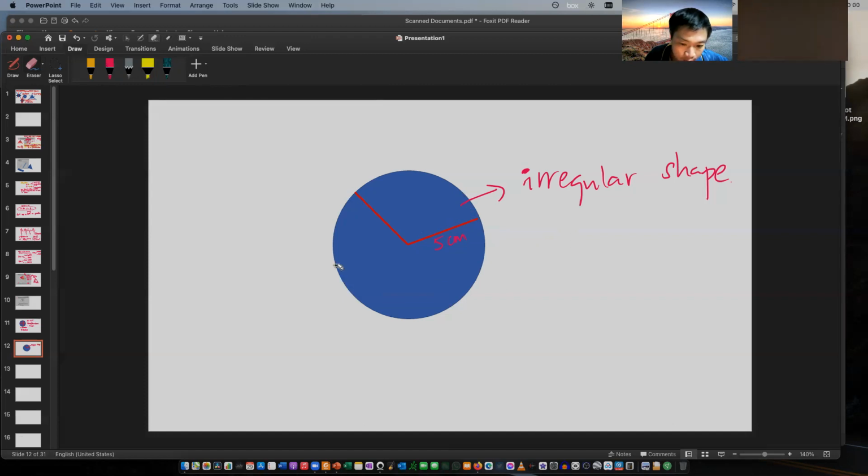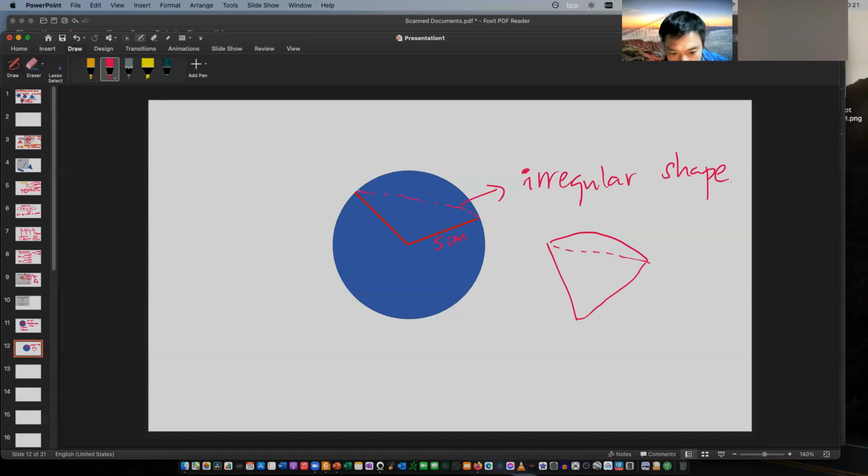The key for an irregular shape is, I think you remember we talked about how do we find the pizza? You remember how we find the shape for the pizza? Minus the triangle.